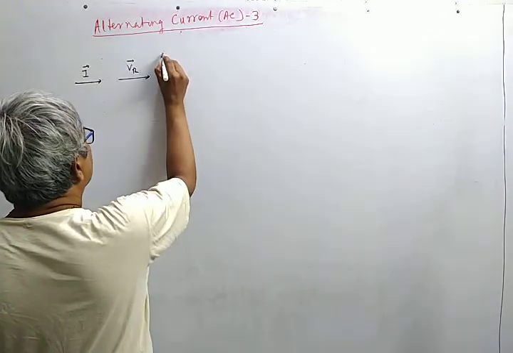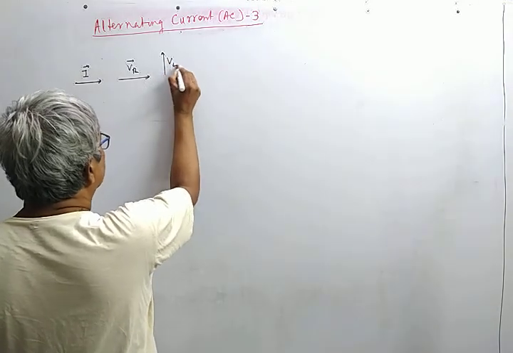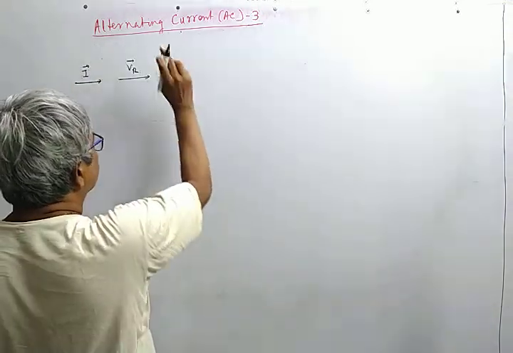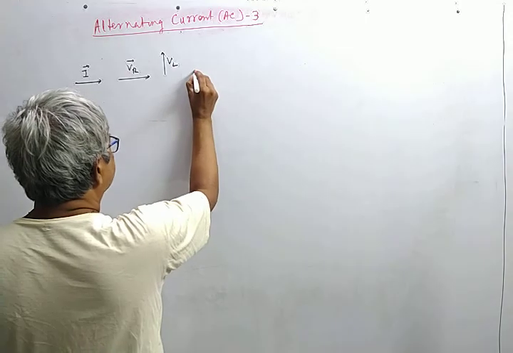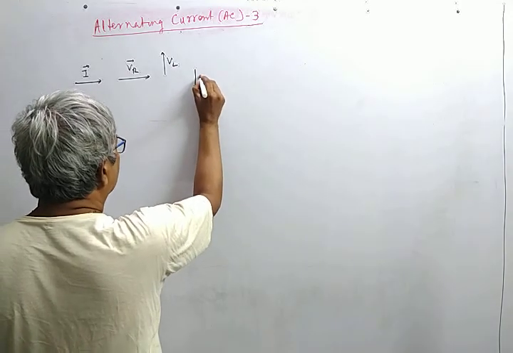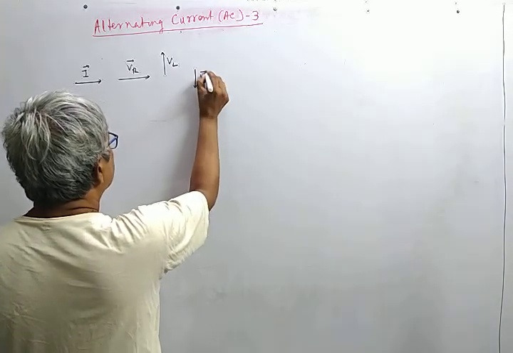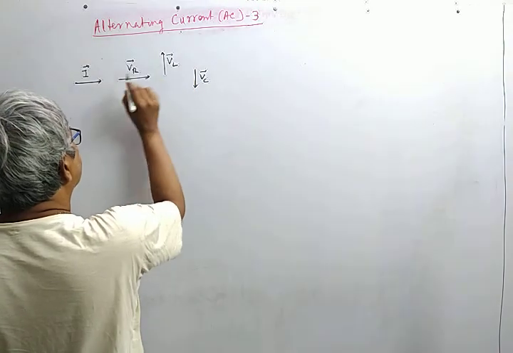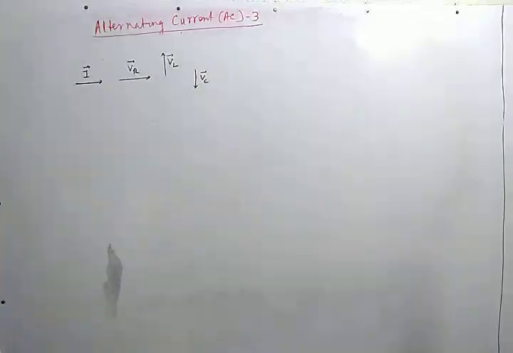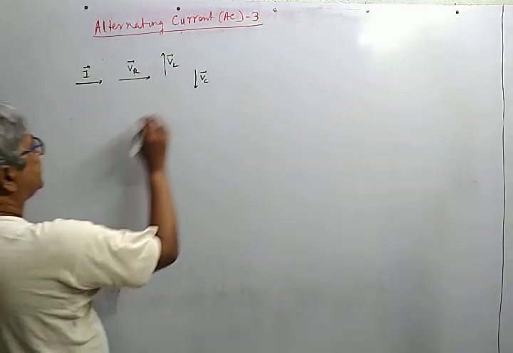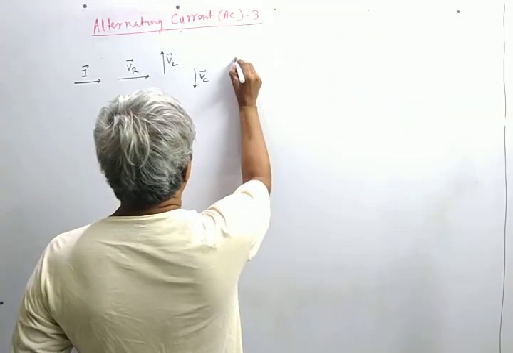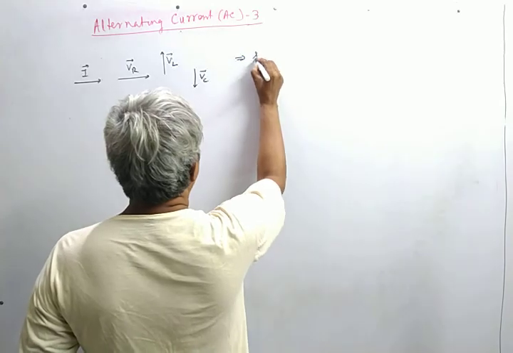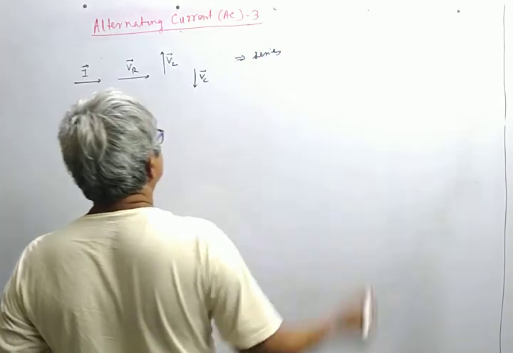The voltage across the inductor leads over the current by 90 degrees, and the voltage across the capacitor lags behind the current by 90 degrees. And this theory is applicable for series circuits, series combination.